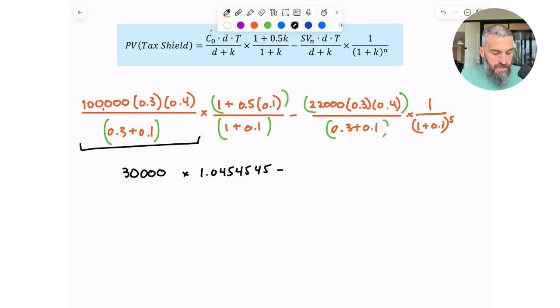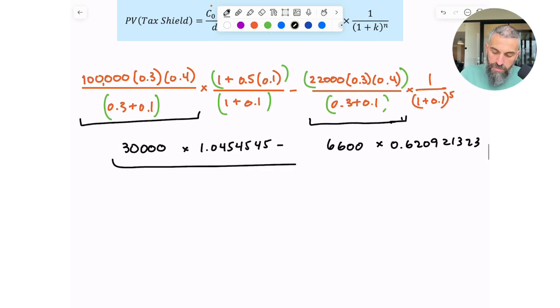Then 22,000 times 0.3 times 0.4 divided by 0.4. This bit here gave me 6,600 even. And then 1 divided by 1.1 to the 5, 0.620923. I'm just taking all my decimals. And then we can start putting it all together.